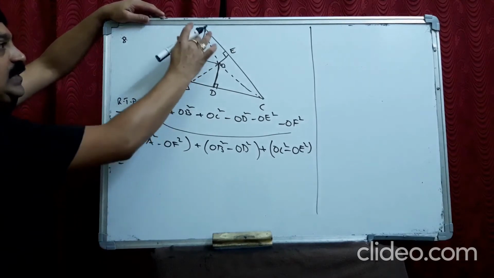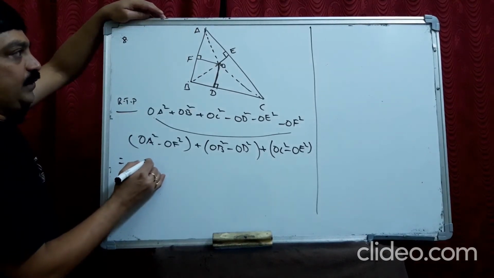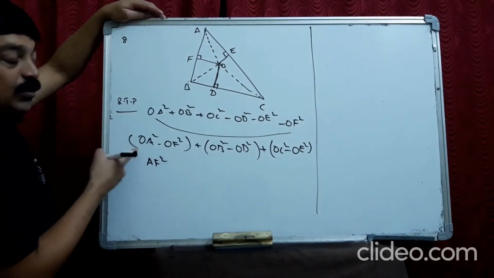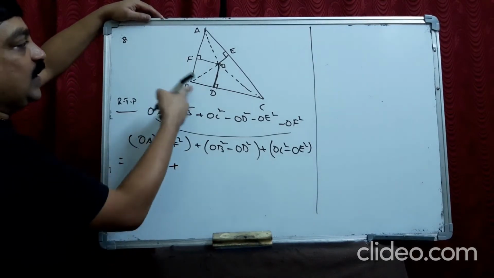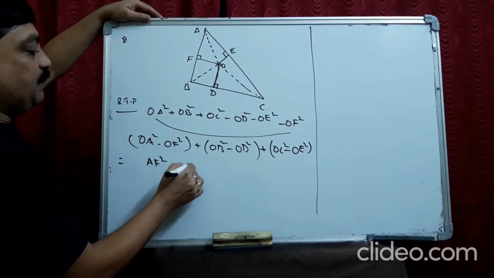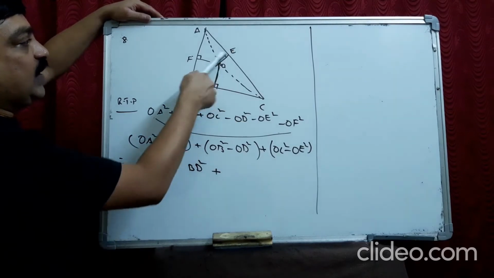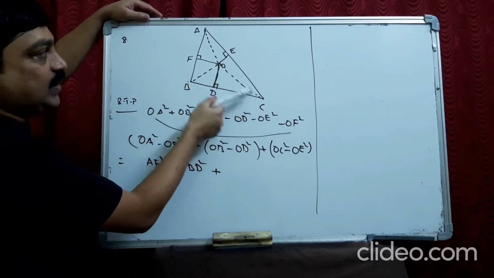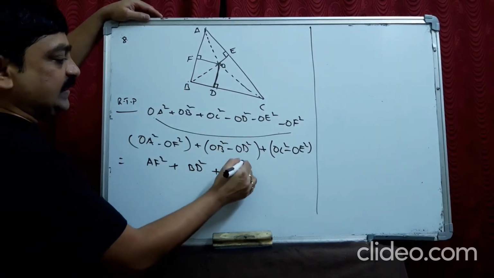From this right angle triangle, OA square minus OF square becomes AF square according to Pythagoras theorem, and OB square minus OD square becomes BD square, and OC square minus OE square becomes CE square.